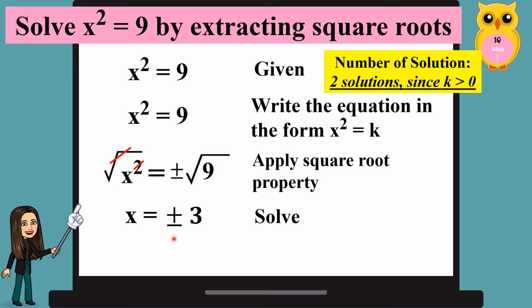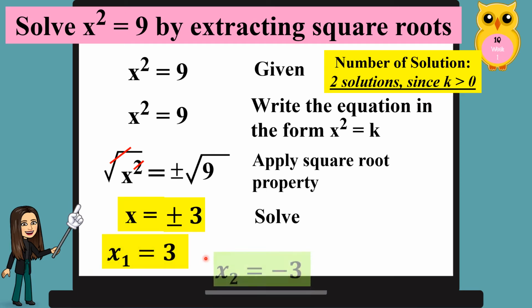So, that's why you have here a positive and a negative 3. So, therefore, if you're going to separate these two values of x, our x sub 1 will be positive 3 and our x sub 2 will be negative 3. So these are the two solutions of the given quadratic equation, and we solve the roots by extracting its square.